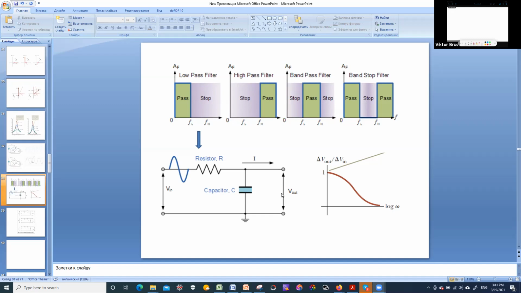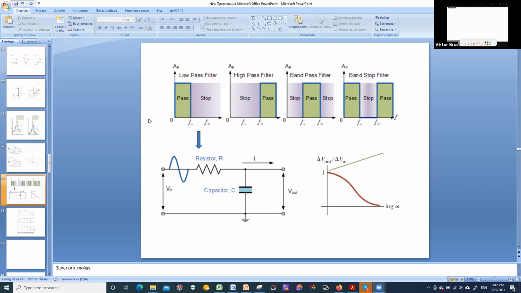Input and output voltages are equal to each other. However, if we have some high frequency signal, which is transmitted in addition to the low frequency signal and is kind of parasitic, it will just be filtered out by this low pass filter, and output voltage will be zero for the high frequency signal.